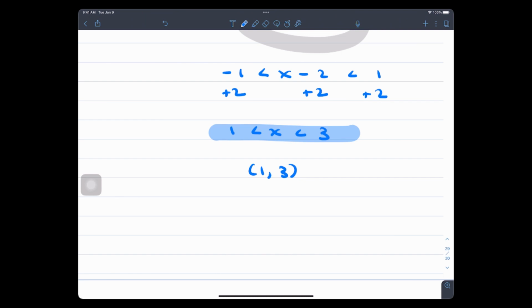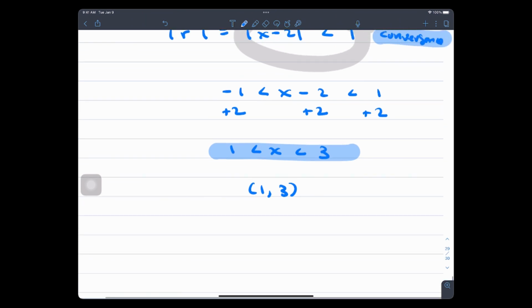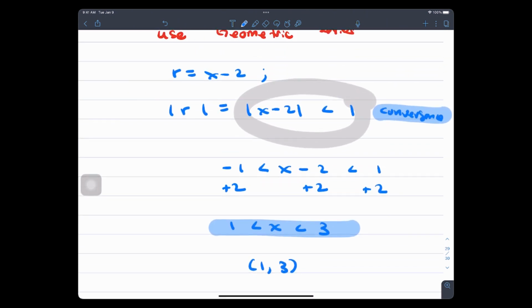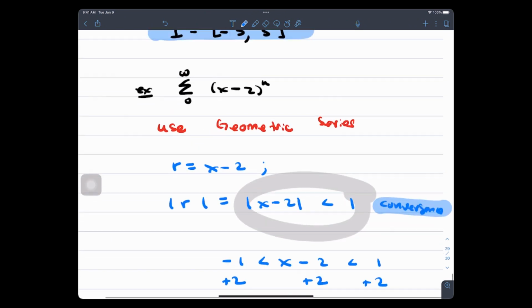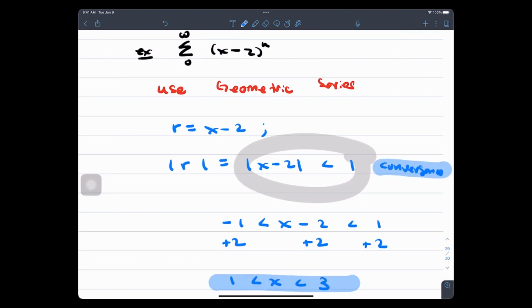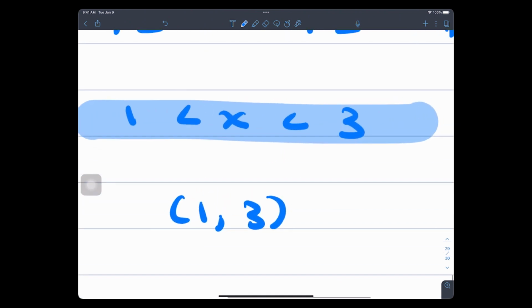But let's see if you're really awake with this. Do I check the endpoints? Do we check when x is 1 or x is 3?